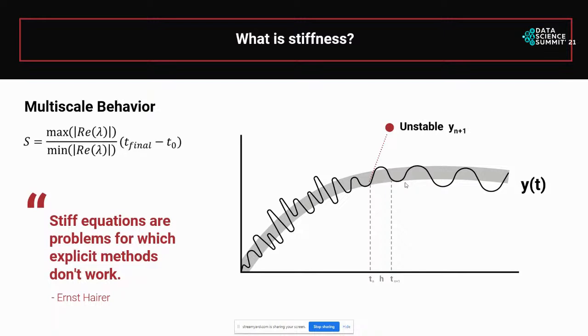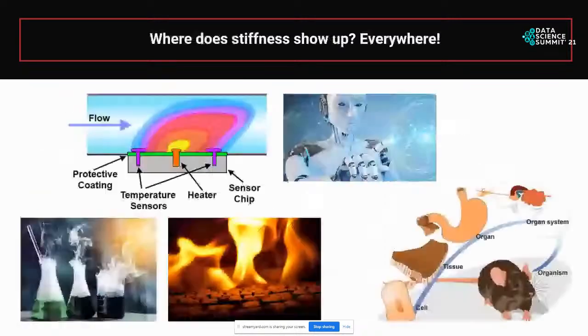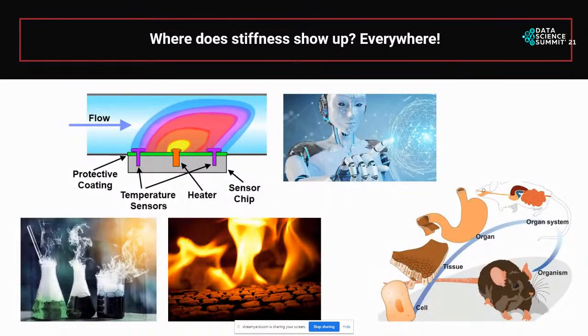But this is interesting though, right? Because just having multi-scale behavior is something that shows up in all of the engineering and scientific systems that we're interested in, right? If you have something like a convective flow, like a heater system, let's say we're talking about your stovetop, right? The electronics of your stovetop are almost instant.